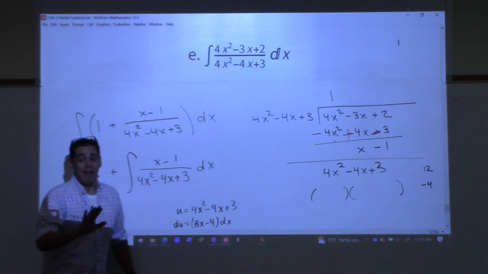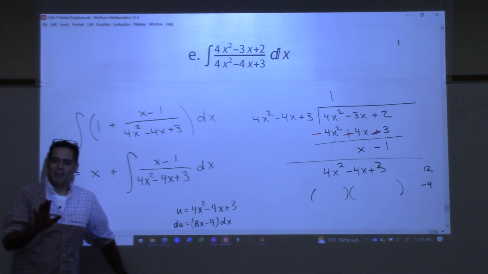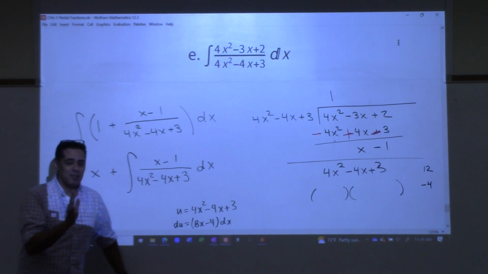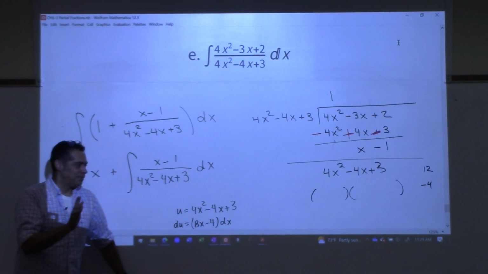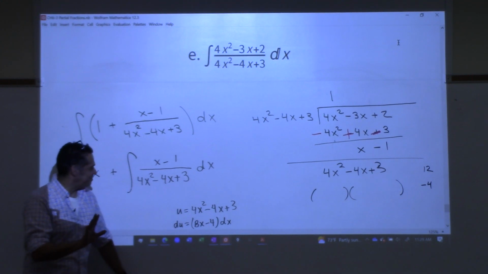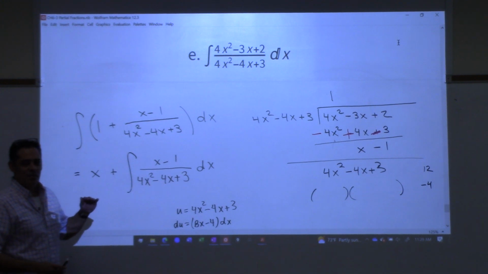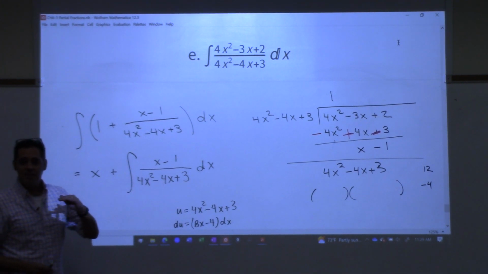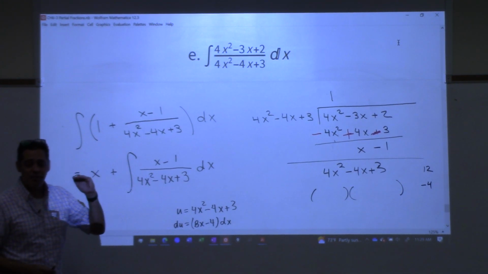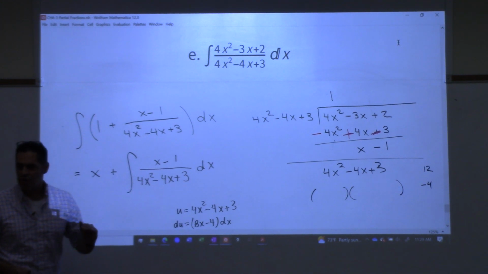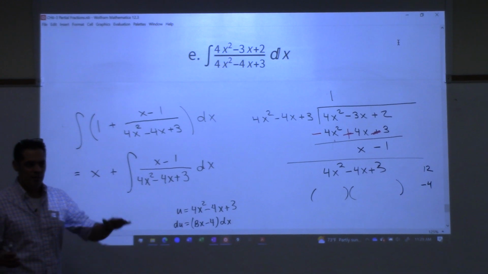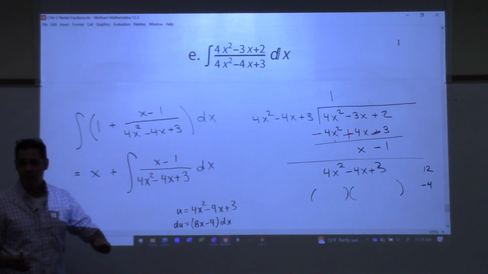Okay, you all have great questions, but I'm one sentence away from explaining how we approach this. We started this section and I said, here are the things we need to know how to do before we start partial fraction decomposition, and we spent the entire day going through all these problems.